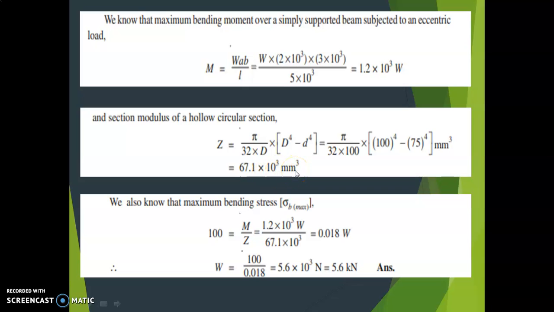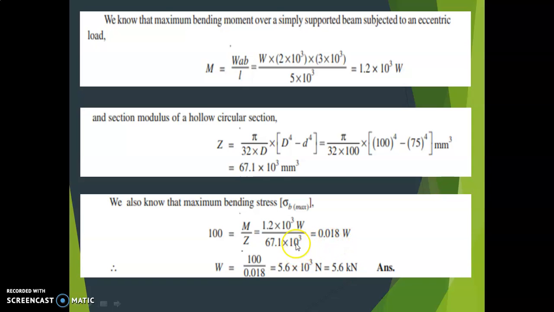Now what we have to calculate? We have to calculate W. So we have the formula M divided by I is equal to sigma divided by Y, or in terms of sigma, sigma is equal to M divided by Z. So sigma is 100, equal to M, which is 1.2 into 10 raised to 3 W, divided by Z, which is 67.1 into 10 raised to 3.